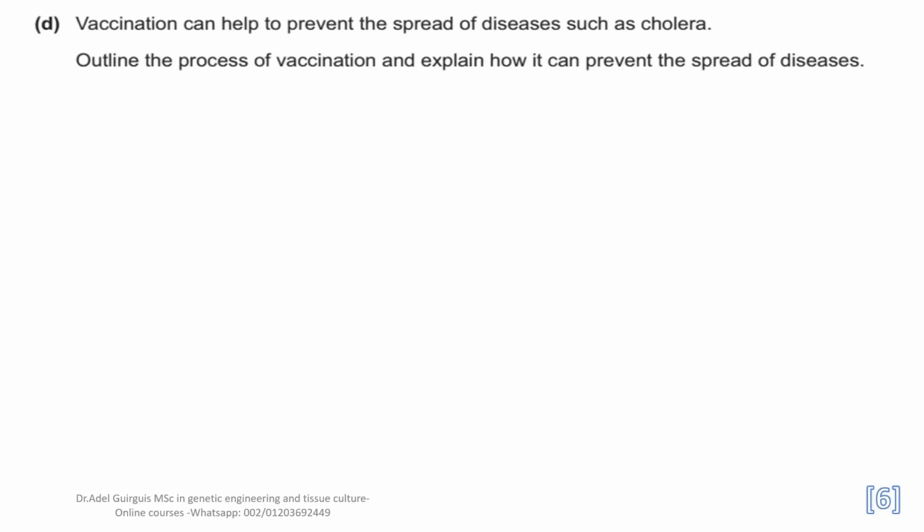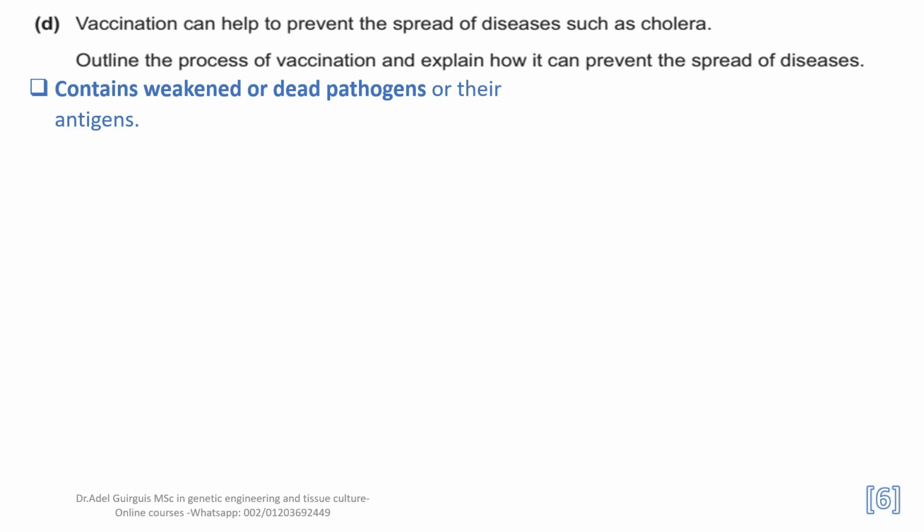Now for letter D, vaccination can help to prevent the spread of diseases such as cholera. Outline the process of vaccination and explain how it can prevent the spread of diseases. Process of vaccination: vaccination provides people with long-term immunity. How come?